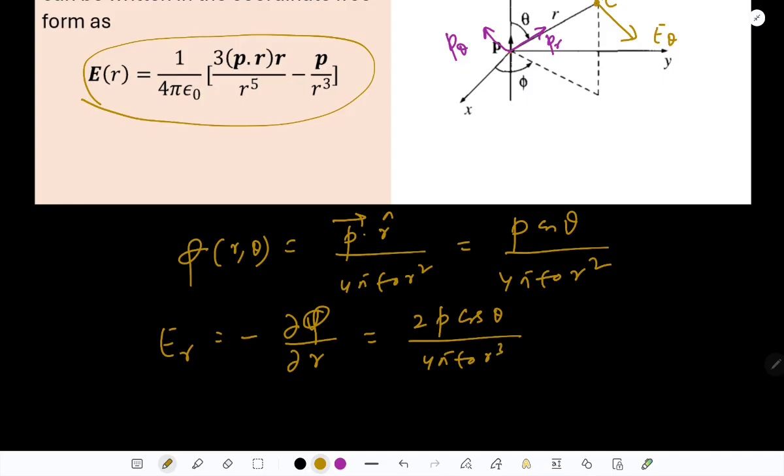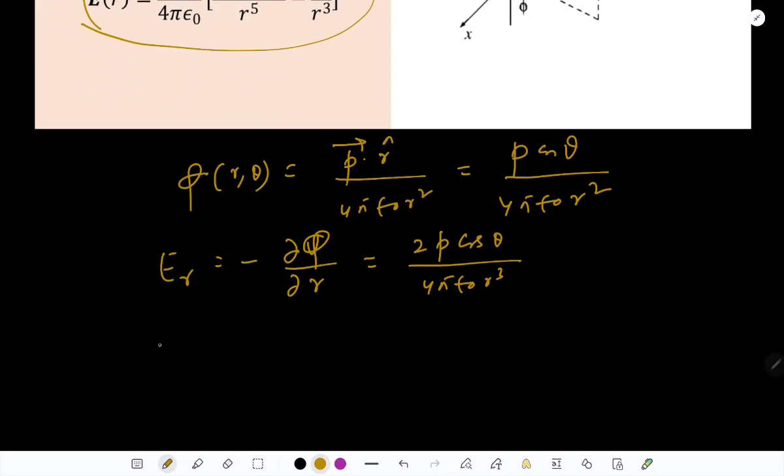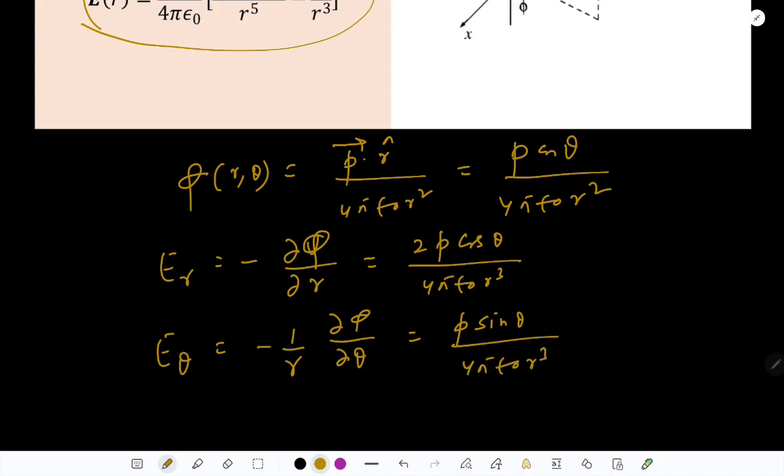I have all these things memorized, so I'm getting no problem. And in the same manner, you can find the transverse component as minus 1 by r d phi by d theta, and you will get this result p sin theta divided by 4 pi epsilon naught r cube.